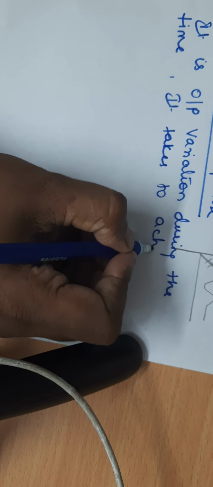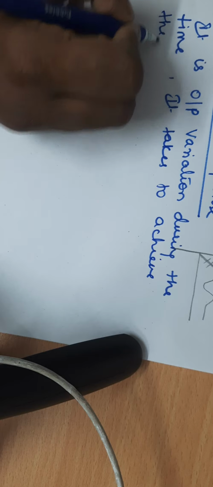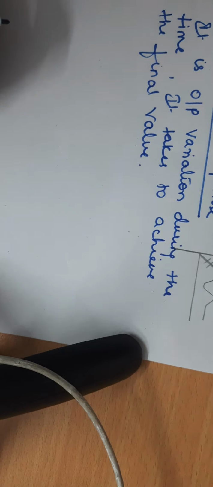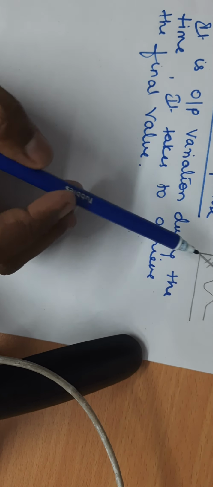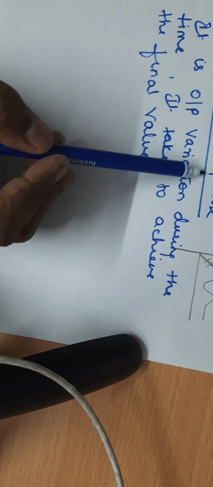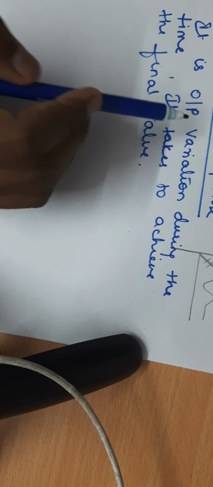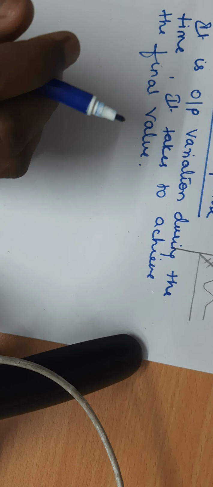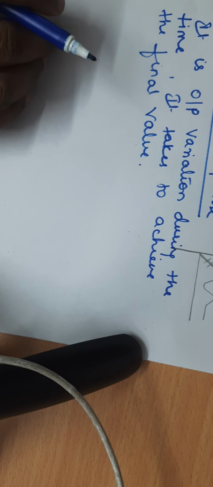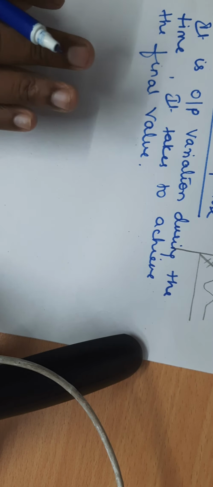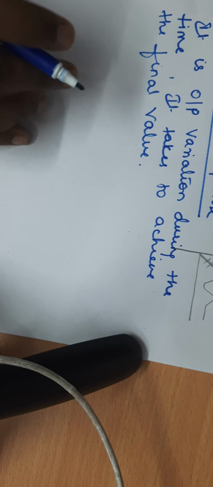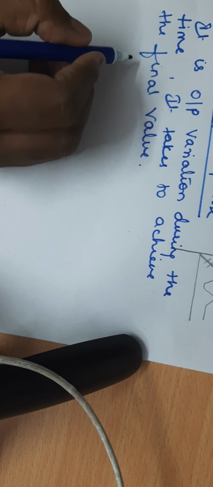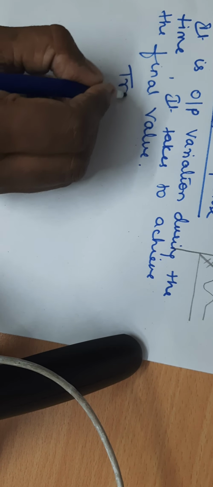That means whenever I'm giving some input, with respect to the input, some response I'm getting. That means some output I will get. And then what is transient means? How much time the variation response is taking to achieve its final value. The time that is required to achieve the final value. It's also called as transient response or transient period.